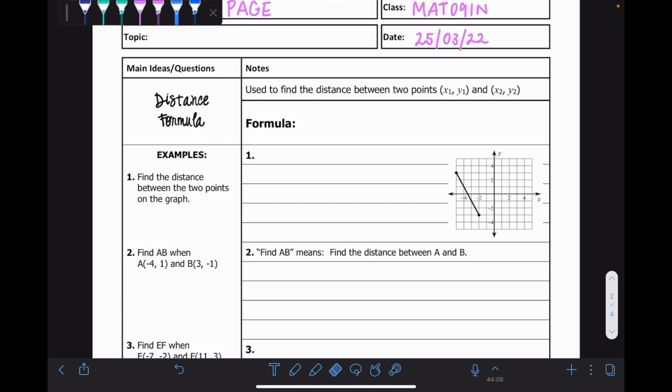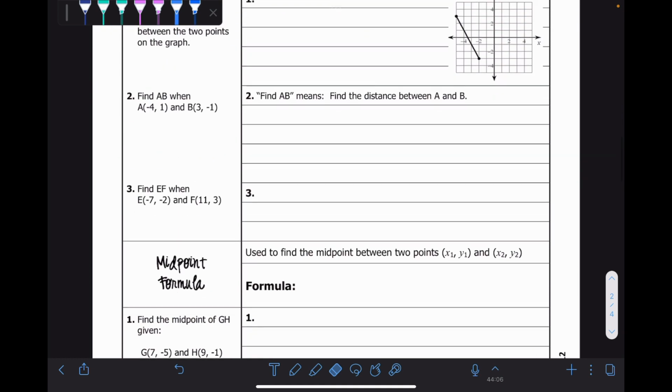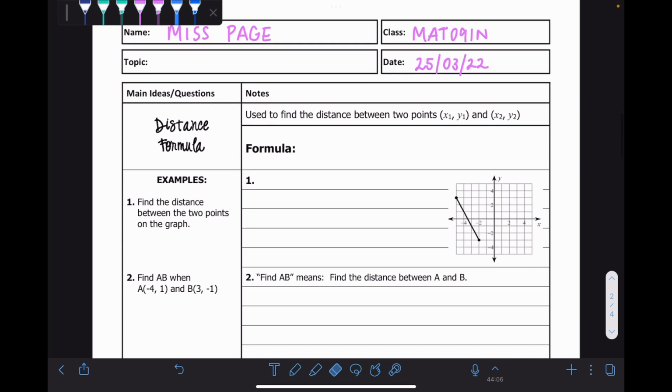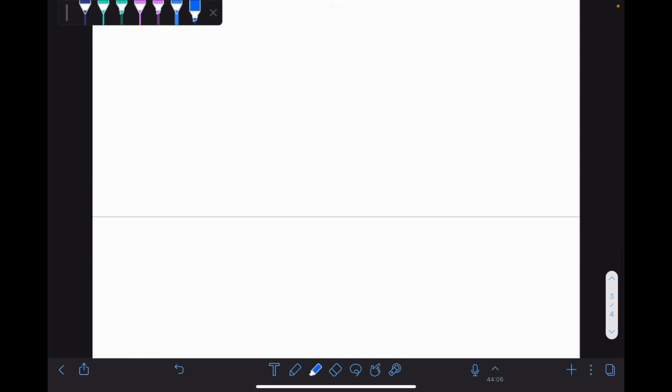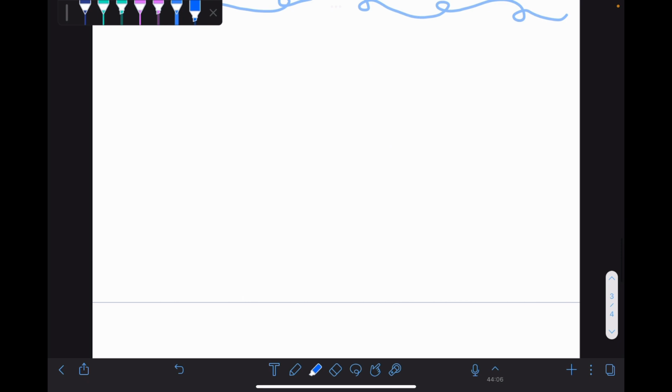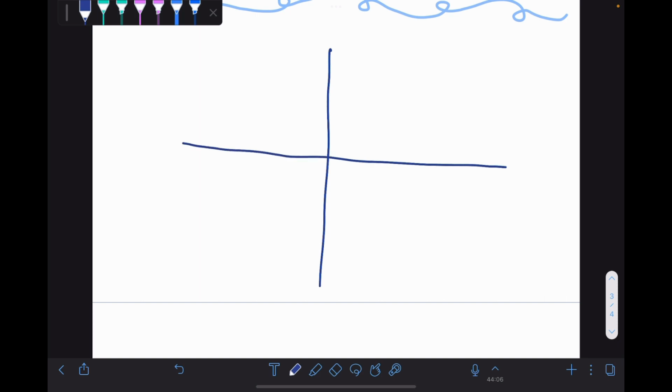All right, so we use our distance formula to calculate the distance between points. You're like, Miss, you're just saying words. But let's draw a little thing over here. I've got a Cartesian plane, X and Y. And let's say I've got one point over here, and another point over here.